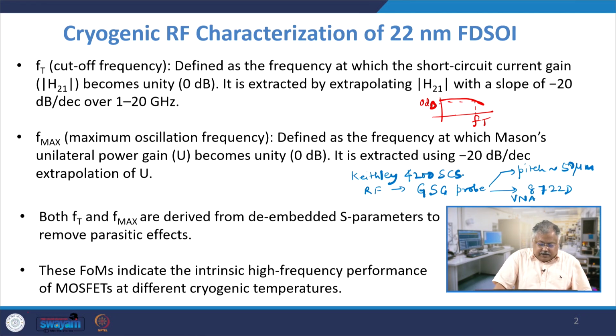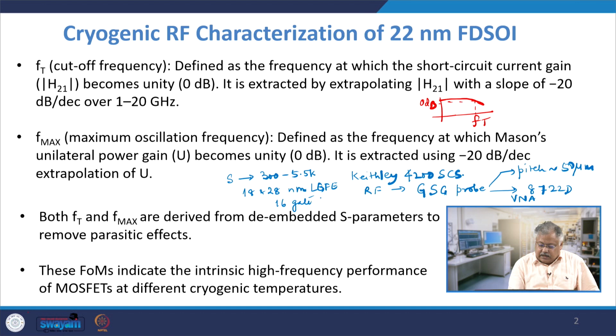Now, the S parameters were measured from 300 Kelvin to 5.5 Kelvin. They were done on 18 nanometer and 28 nanometer LG FETs, with 16 gate fingers, and 0.5 micrometer is the width of the fingers, and the extraction was done over a frequency range of 0.5 to 35 gigahertz.